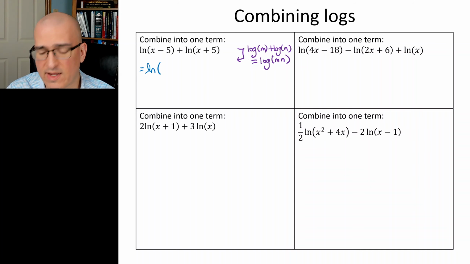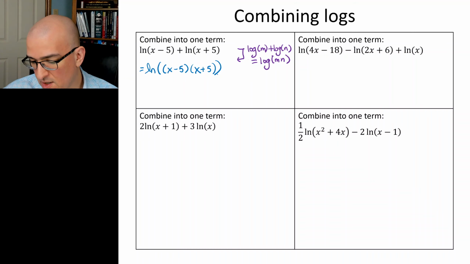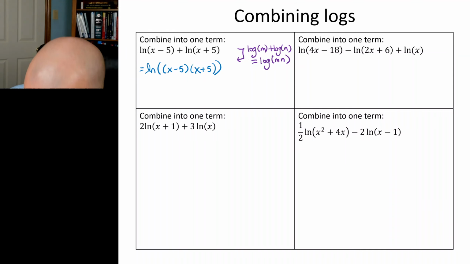I don't know why, and I can't stop myself from curling the L on the ln. Okay, so that's our property, log of m times n. And we can FOIL, collect like terms, simplify it, we get x squared minus 25.